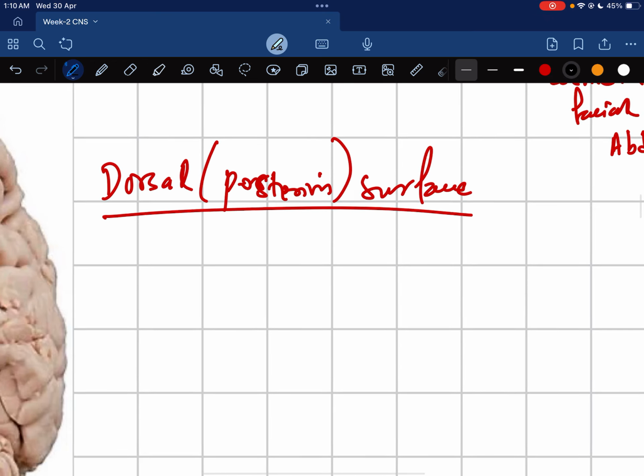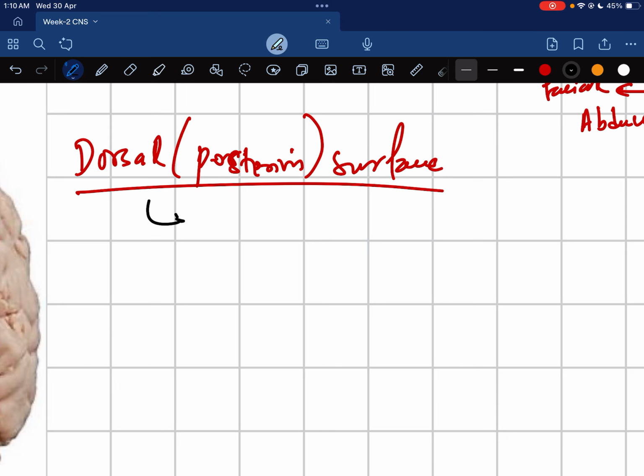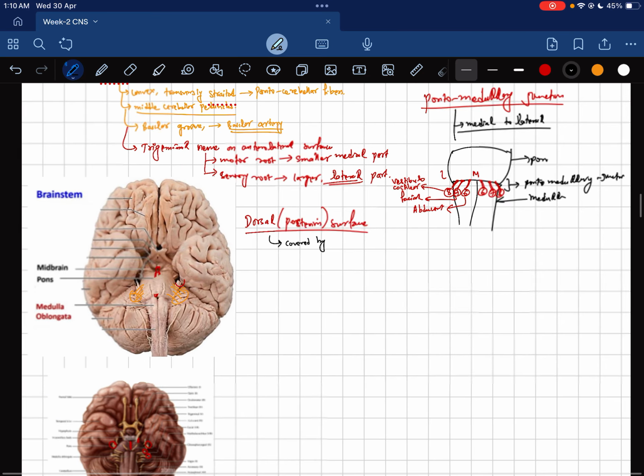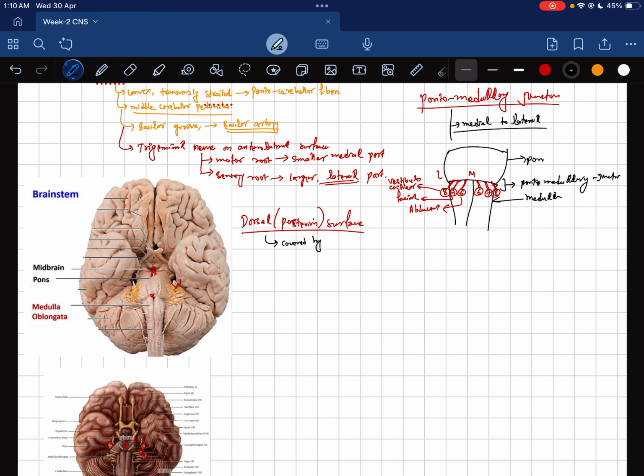Regarding this, it is covered by the cerebellum and separated from it by the fourth ventricle.